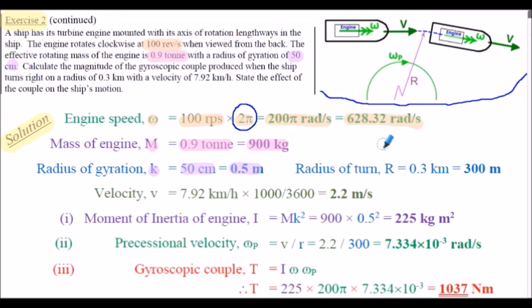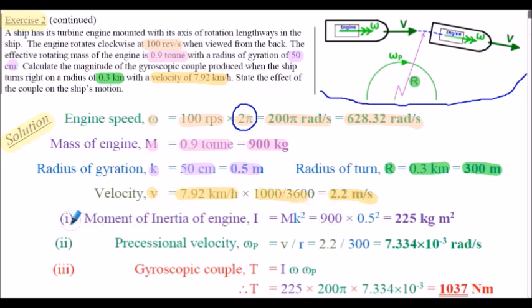Also be careful with the radius of the turn of the ship. So capital R here, 0.3 kilometers, stated in the question, is 300 meters. The linear velocity of the ship, v here, converted into meters per second, that's 7.92 kilometers an hour, so that's 2.2 meters per second.